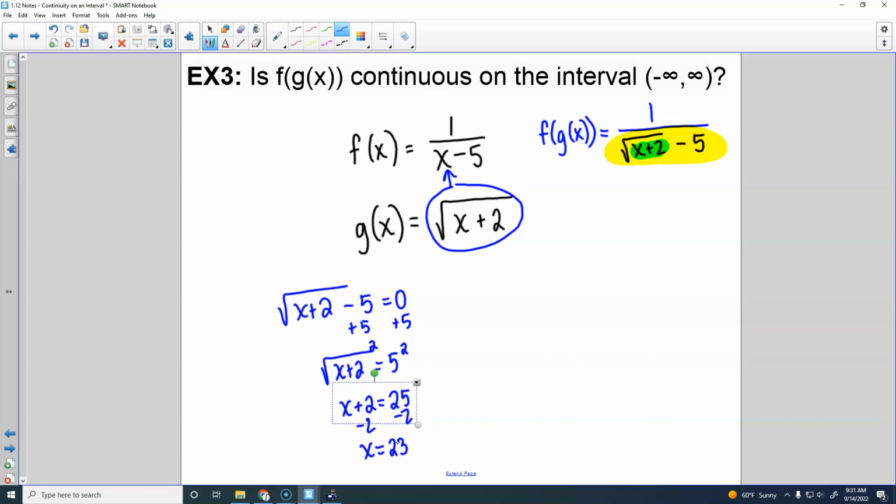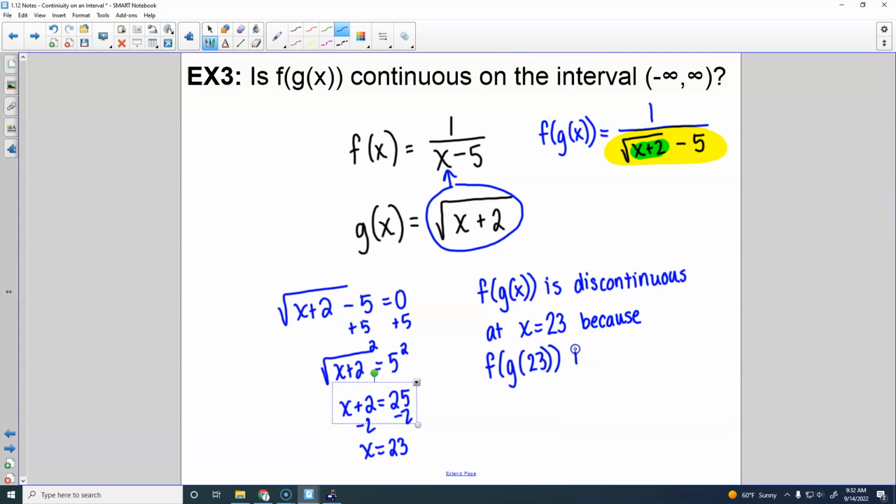So at this point, we could make the conclusion that f of g of x is discontinuous at x equals 23 because f of g of 23 is undefined.